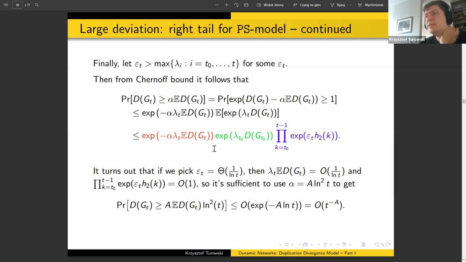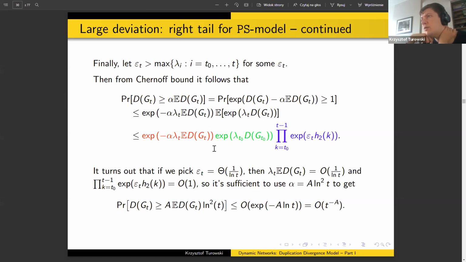And the trick is that if we suitably bound each part, actually the green part is constant whatever we put in place of lambda t0.